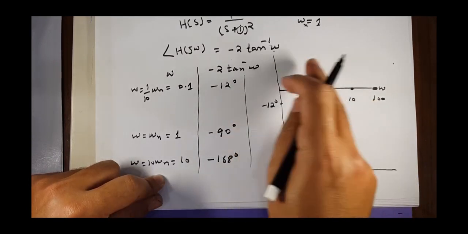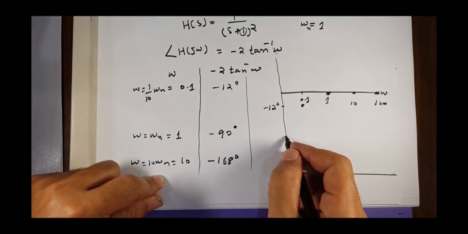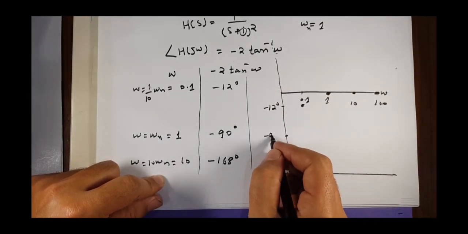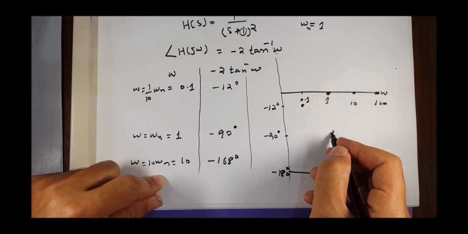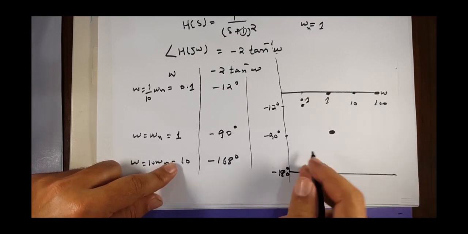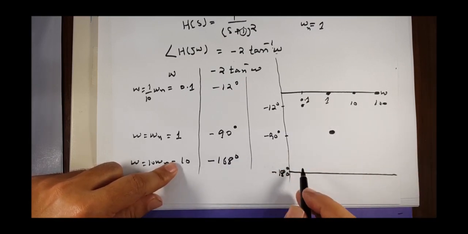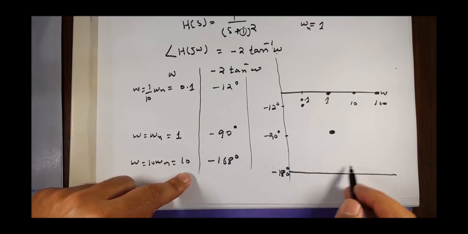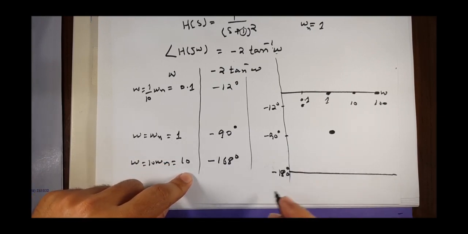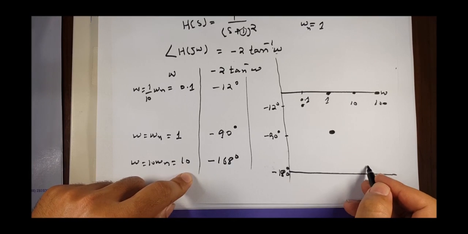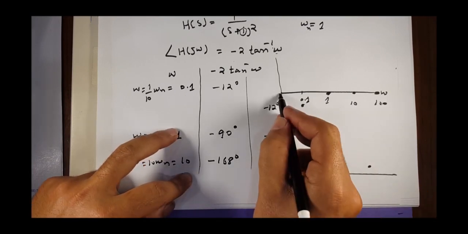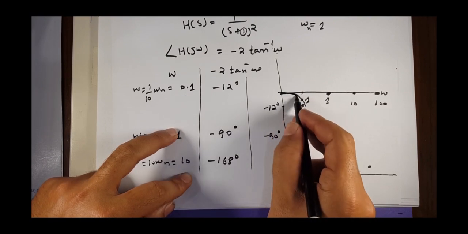At omega equal to omega n, this was minus 45, now this will be minus 90 degrees, right? And at 10 times omega n, this was minus 84, now this will be minus 168. So 168 will be somewhere here. You just need to draw these points together.